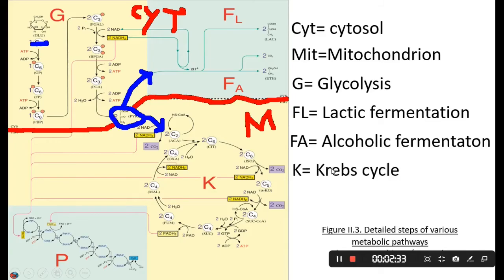Krebs cycle, that's the aim of the next video. In the next video we will detail the Krebs cycle, and along with that we will have a look at oxidative phosphorylation.